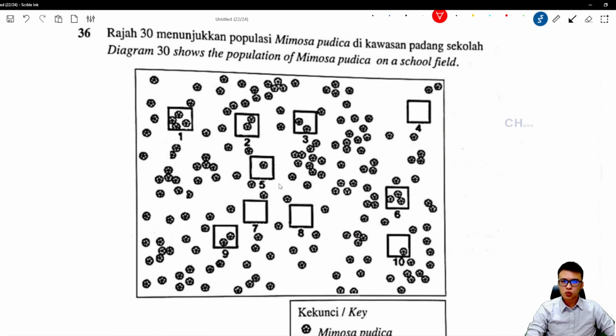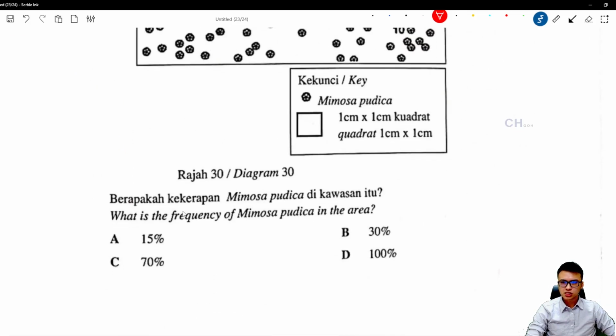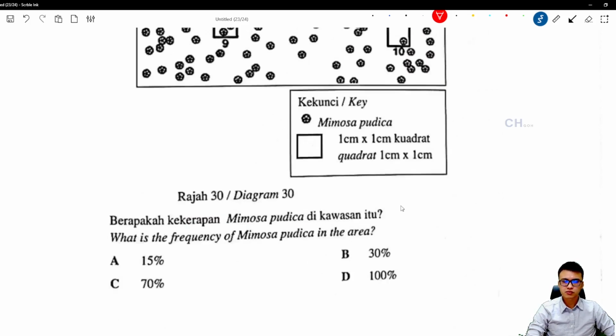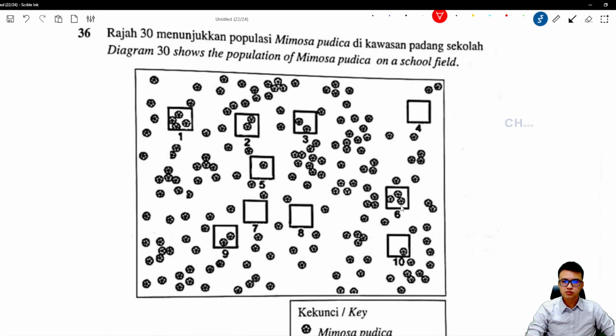Alright, so let's look at question 36. What is the percentage frequency of Mimosa pudica in the area? If you want to find out the frequency, you count which quadrats have the organism.